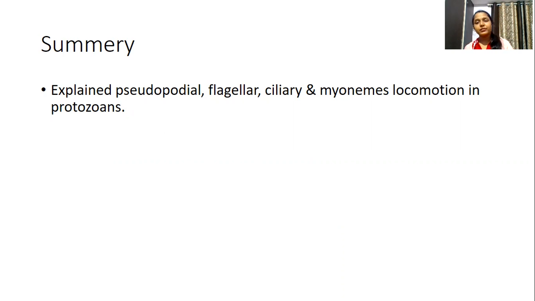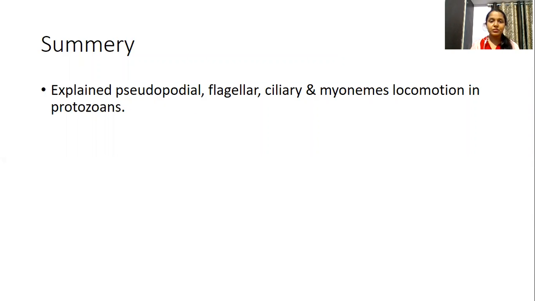The pseudopodial structures are temporary finger-like projections. Based on the structure of pseudopodia, we classify them into lobopodia, axopodia, reticulopodia, and filopodia. Then the flagellary structures are there. Flagellas are whip-like structures.